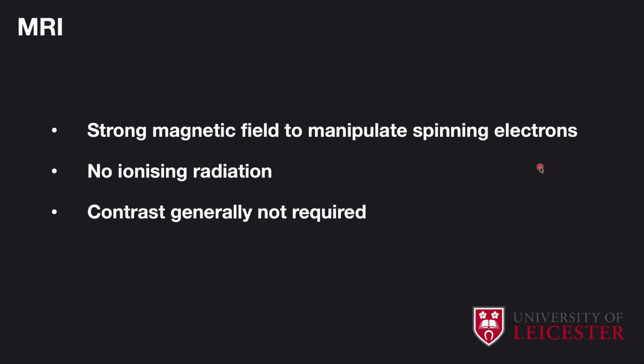In doing so, the body in turn emits radio waves that are picked up by the MRI machine. The physics is really too complex to be covered in this talk. Nonetheless, think of the images produced as looking similar to CT images, but without using radiation, and in the majority of cases, no contrast is required.